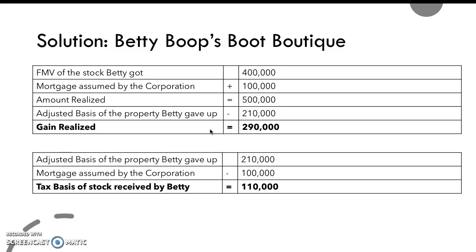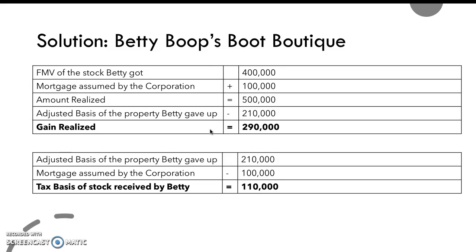So $400,000 plus the $100,000 mortgage liability that she's handing over gives us the amount realized of $500,000. Then we subtract the adjusted basis of what Betty transferred over, the $210,000, to end up with her gain realized of $290,000.